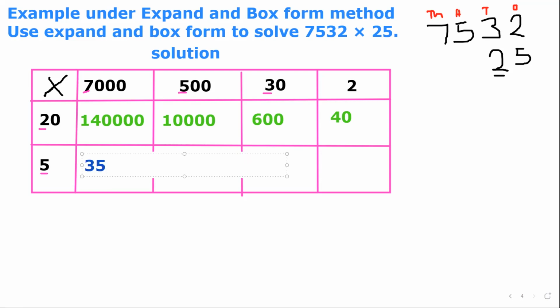And then you attach the zeros that are involved. It's only three zeros. So that is 35,000. Then the 5 times 500, when you count the number of zeros of the 5 and the 500, it's only two zeros. So then you multiply the 5 and the 5, you get 25, and then you attach their two zeros to that.